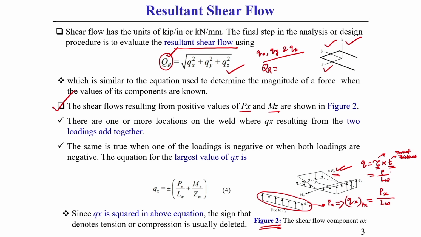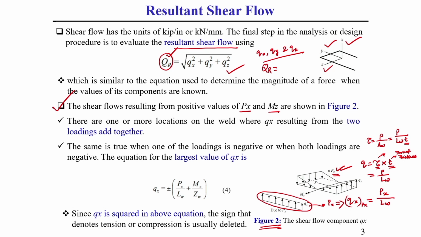How does it come? Because you can write tau as force divided by total weld area, so tau is P by total weld area. This total weld area you can write as length of weld into throat thickness. I have already told you that shear failure generally takes place along the throat thickness, which is why we always consider the throat cross-sectional area for our design.